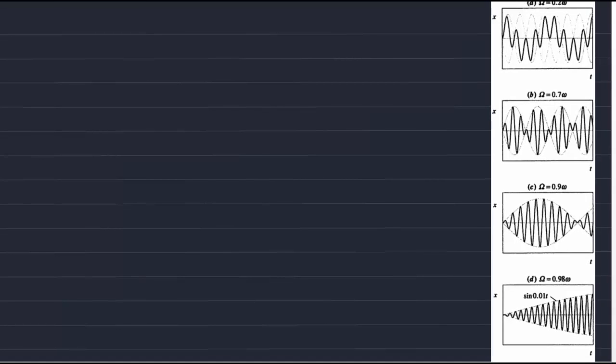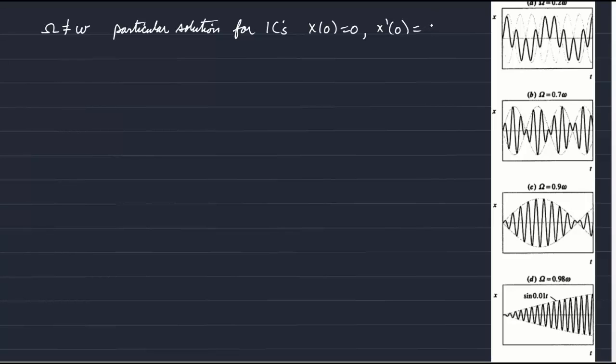Let's go back to the case in which omega, the driving frequency, is distinct from the natural frequency, and let's find the particular solution for the initial conditions that x of 0 is equal to 0, and the velocity of our mass at time 0 is also equal to 0.